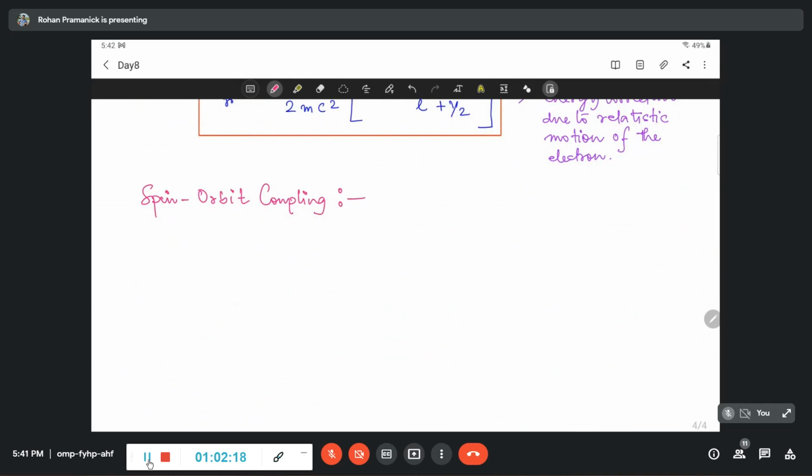So now in order to do this spin orbit coupling, what is this spin orbit coupling? This spin orbit coupling is due to the magnetic field. First of all, these are charged objects, right? And when they move in a circular motion, they have an acceleration, of course centrifugal or centripetal, whatever you say.